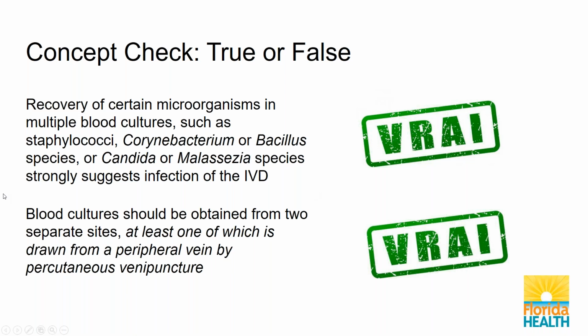Can anyone tell me why you would want to obtain from two separate sites versus just one site? What is an advantage when you do two sites? Or what is the reasoning behind it? Oh, beautiful, Terry. Yes, in case one is contaminated. Very, very good.